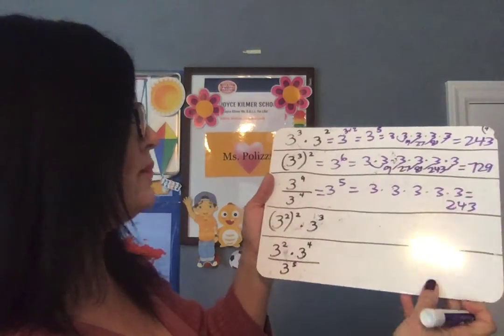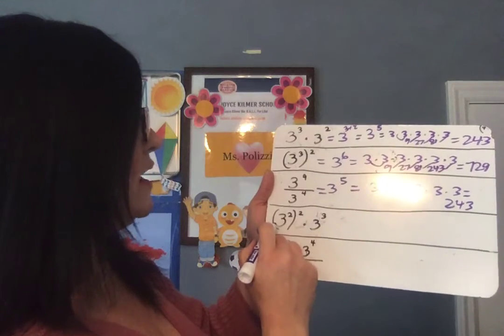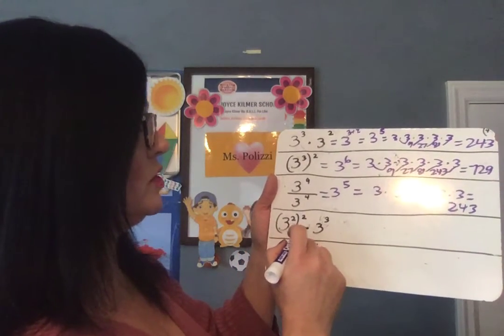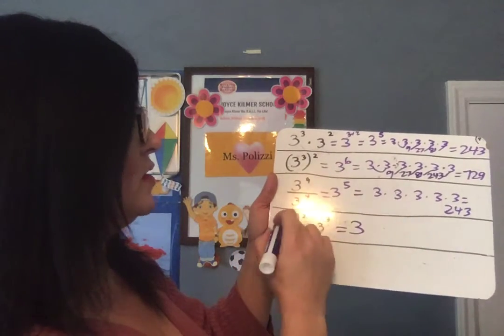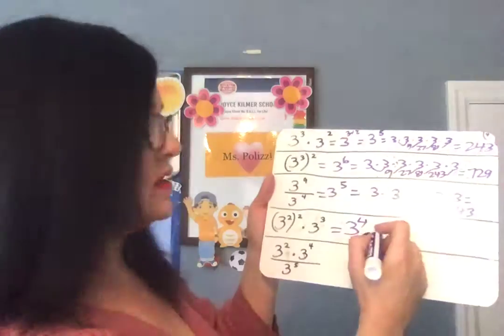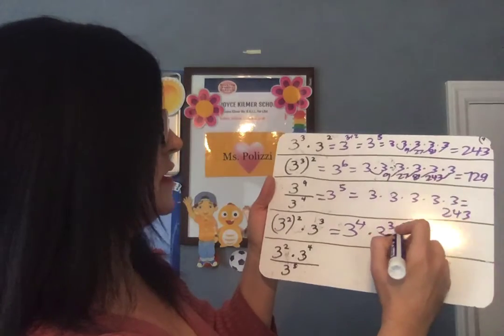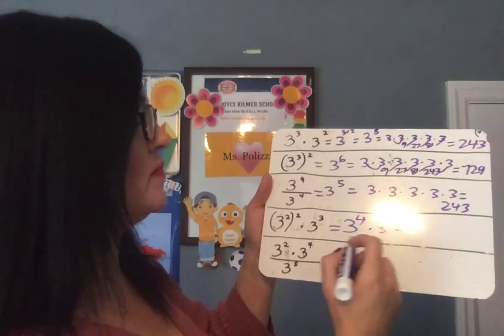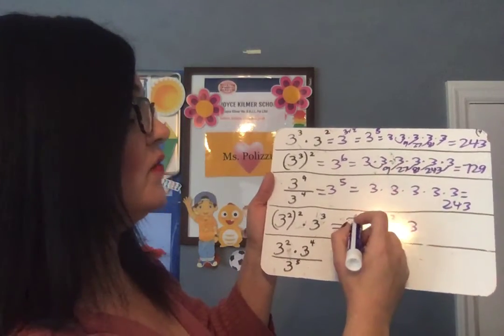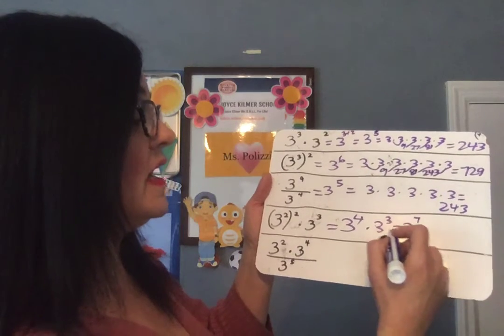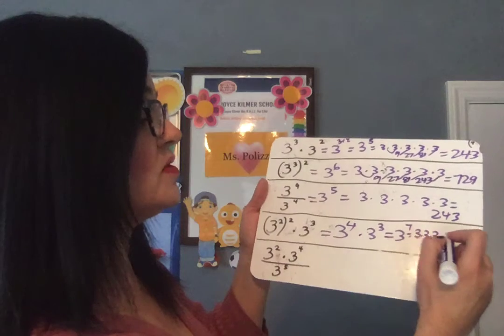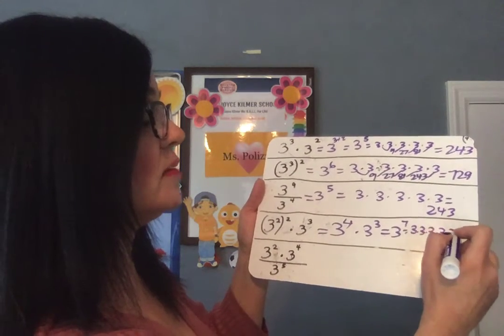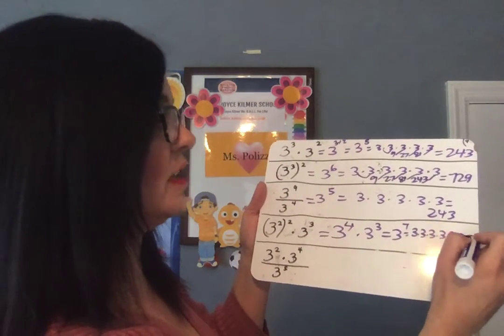243, okay? So here we have 3 squared raised to a power of 2 times 3 to the 3rd power. So that's 3, 2 times 2 is 4, times 3 to the 3rd power. Keep the base the same. 4 plus 3 is 7, and that basically means 3 times 3 times 3 times 3 times 3 times 3 times 3.